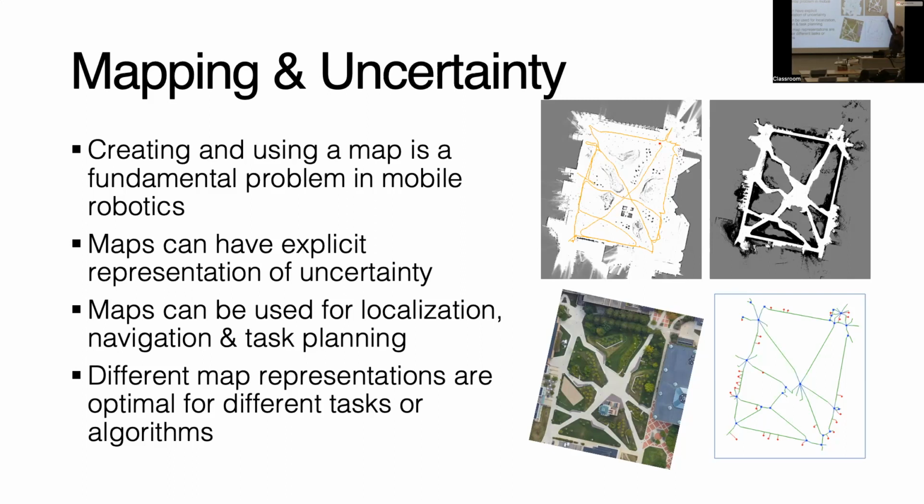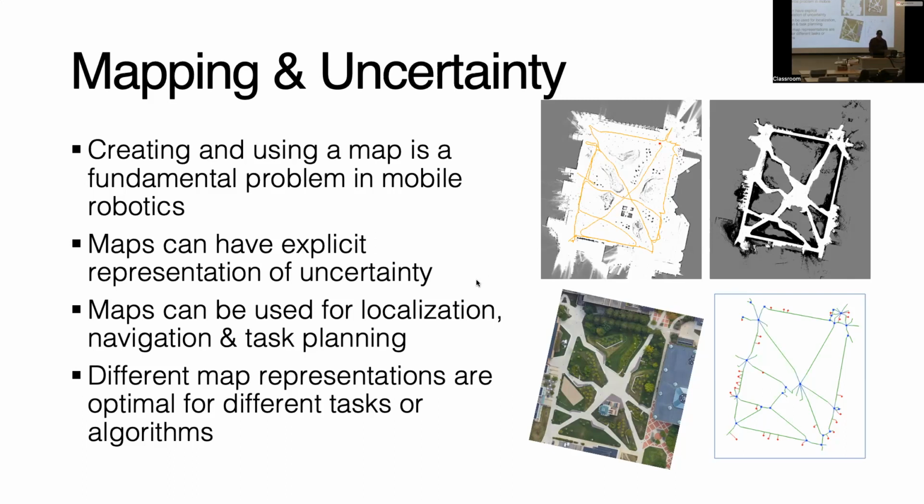We can turn this map representation into a grid, or a graph, which we can then use to very quickly navigate between points. All of these map representations are used for different things, and they're optimal for different tasks or different algorithms, but each has some explicit representation of uncertainty in it.